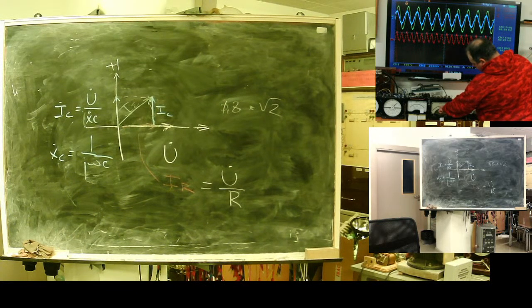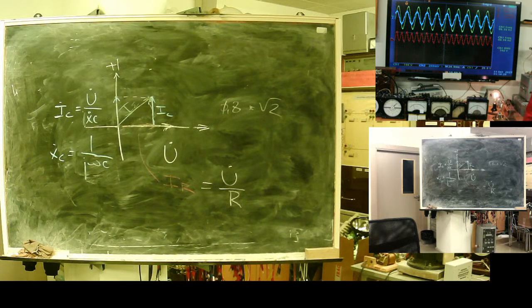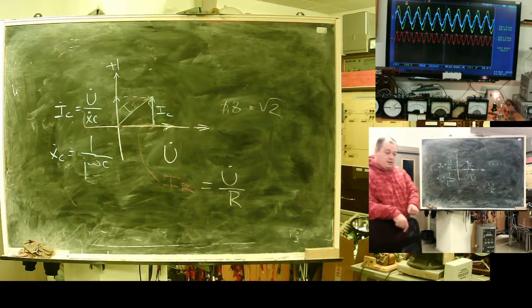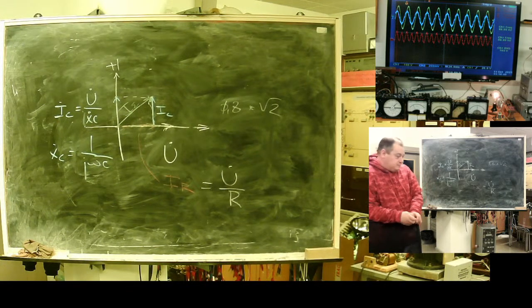Here is the 1 amp. 25 divisions is 1 amp. 1 amp plus 2 more divisions. Something like this. Good idea, isn't it? But what about coils? Can we get a coil here?